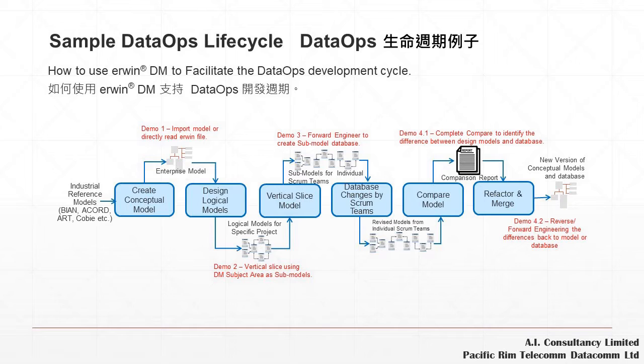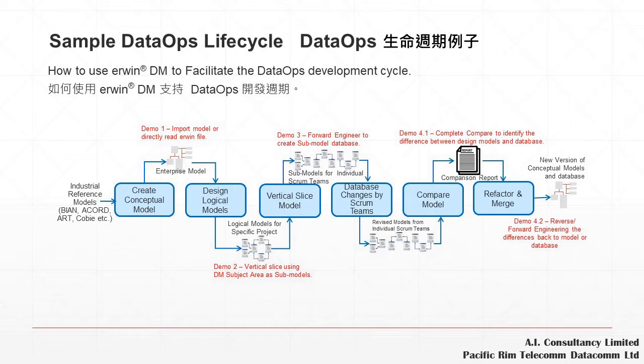I'll use Erwin Data Modeler to demonstrate the whole cycle of enterprise data model import from an industry reference model, which is demo 1. Then I will vertically slice the model into submodels, that is demo 2, and then forward engineer them into individual database environments to support Scrum teams in agile projects, which is demo 3.